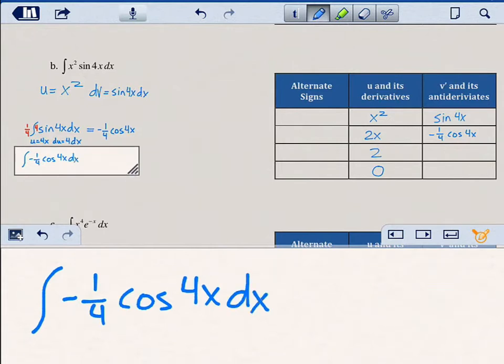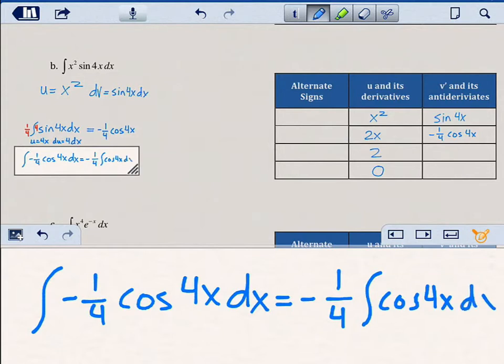With respect to x. And we can take out that constant, so we got negative 1/4 times the integral of cosine 4x dx. And the same thing is going to happen here, where we're going to let u equal 4x, and so we need 4 dx to make our du, which means we need another 1/4 on the outside.